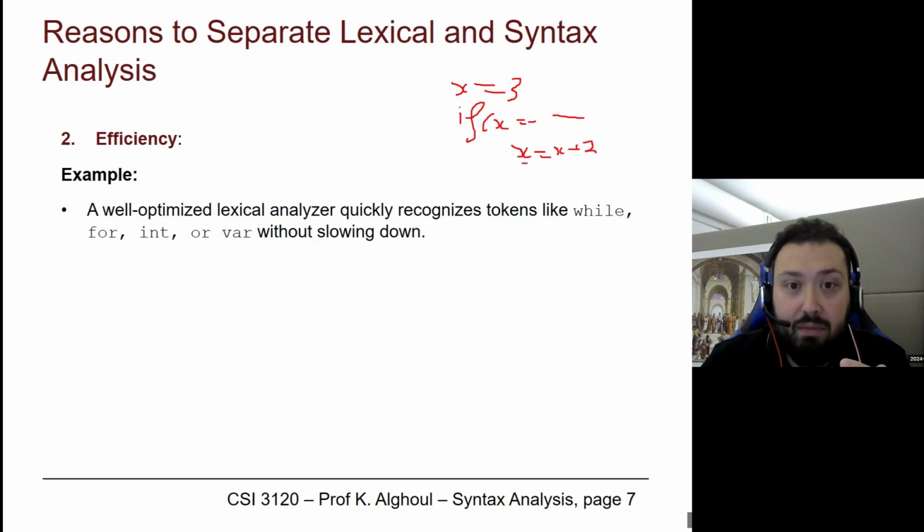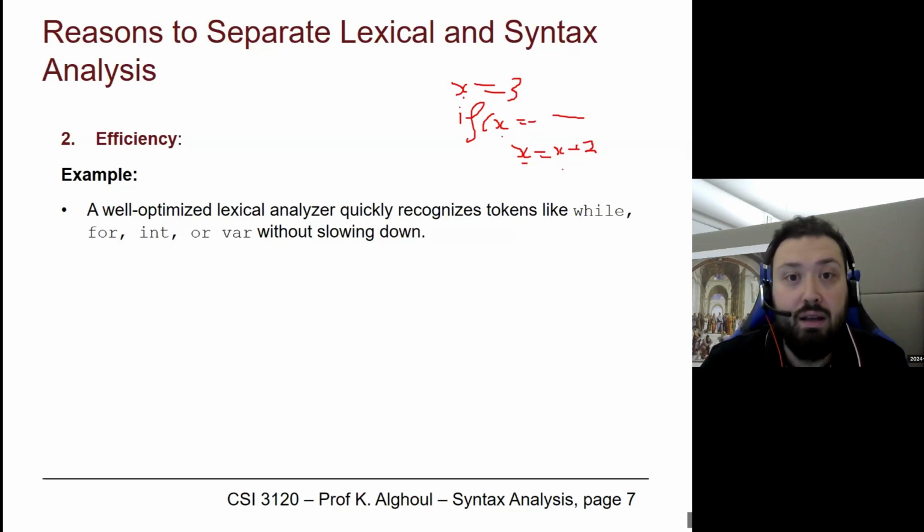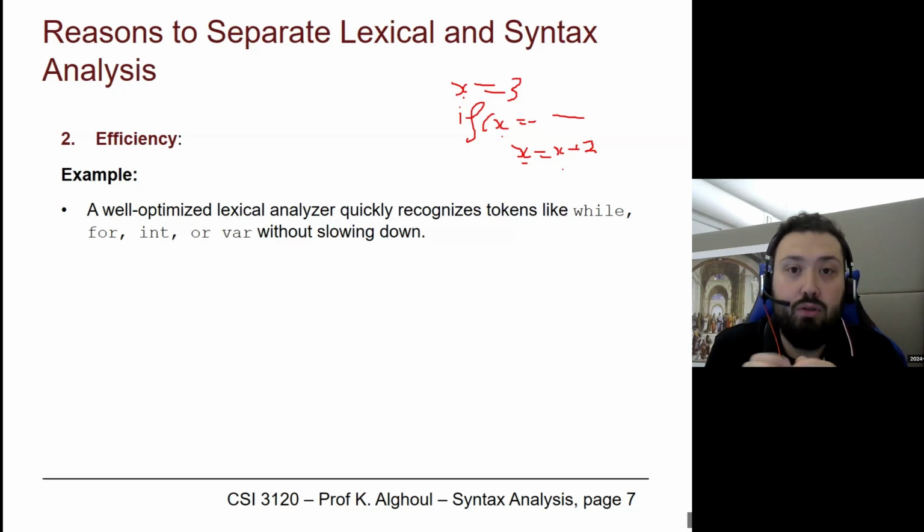So how many times is there the repeated x, right? And it's going one by one through all of these things. There will be thousands of lines of code. That means thousands, maybe millions of characters and symbols that are going to go through them all one by one, right? So maybe we should find a better way to make it more efficient.